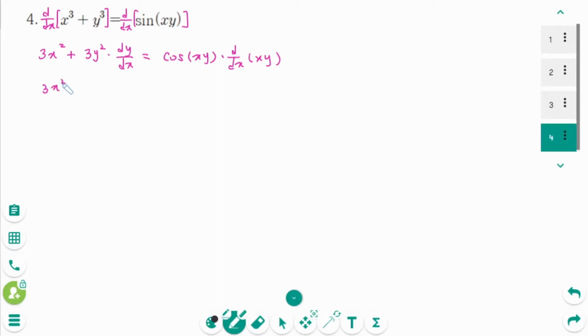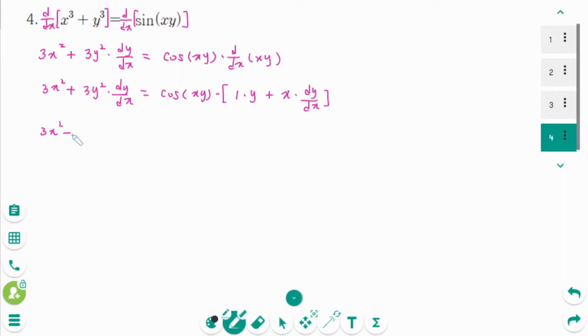Then 3x squared plus 3y squared times dy/dx equals cosine xy times, using the product rule, d/dx of x equals 1 times keep the second one, plus keep the first one, then d/dx of y equals dy/dx.